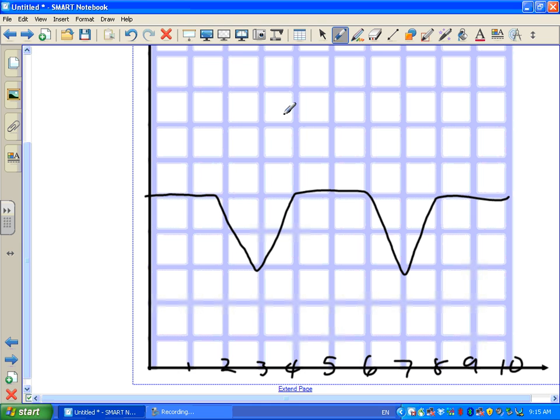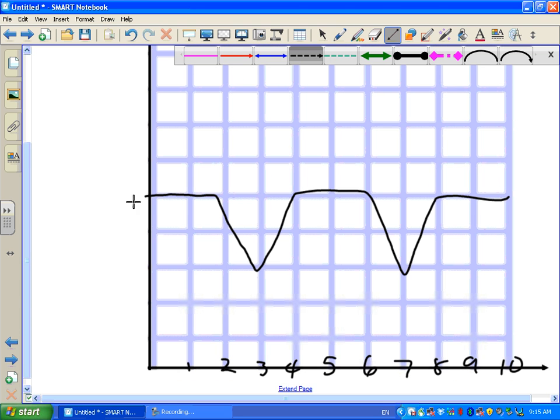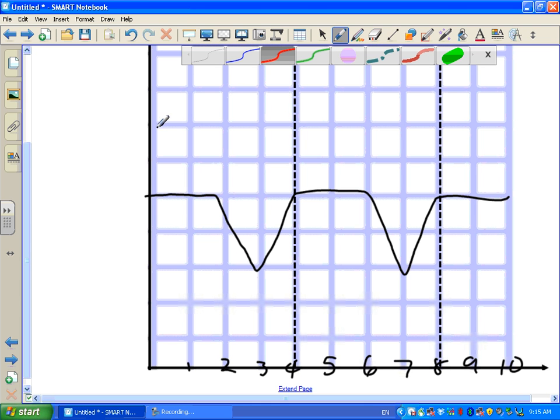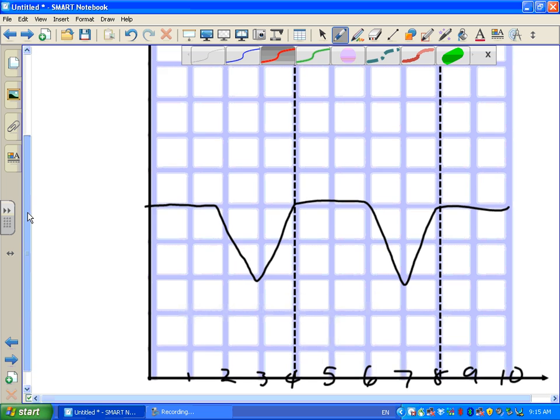Where does the period repeat? Okay, so we assume it starts at 0 and it repeats at what number? 4, good. So right here it repeats, so it takes about 4. The next one it repeats is 8. So it looks like we have 2.5 cycles of this. Would this be a periodic function?